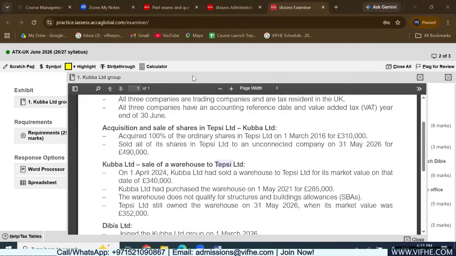So at that point, what the disposal proceeds were, what the cost was, and what the indexation allowance was up to the date when the asset was transferred from Kuba Limited to Tepsi Limited. Whatever value comes out was not recognized in the past because it took place on a no gain, no loss basis, but the same value is now going to be determined and added into the disposal proceeds of the shares, and we call that figure the degrouping charge.